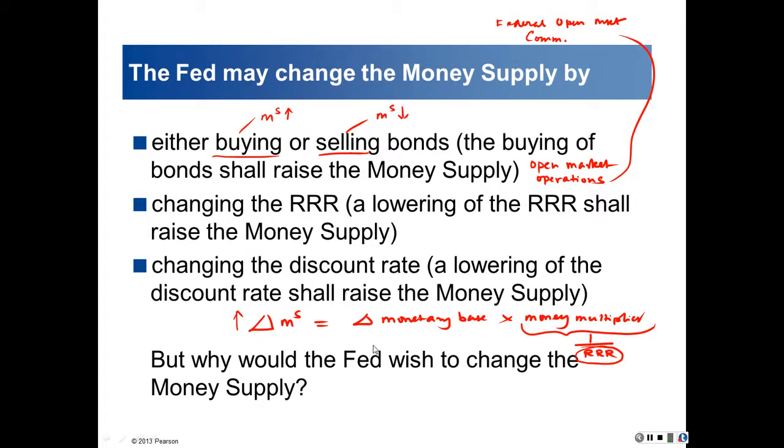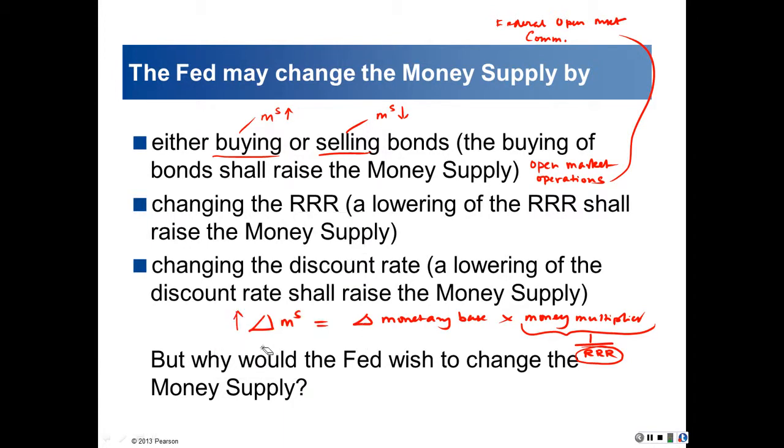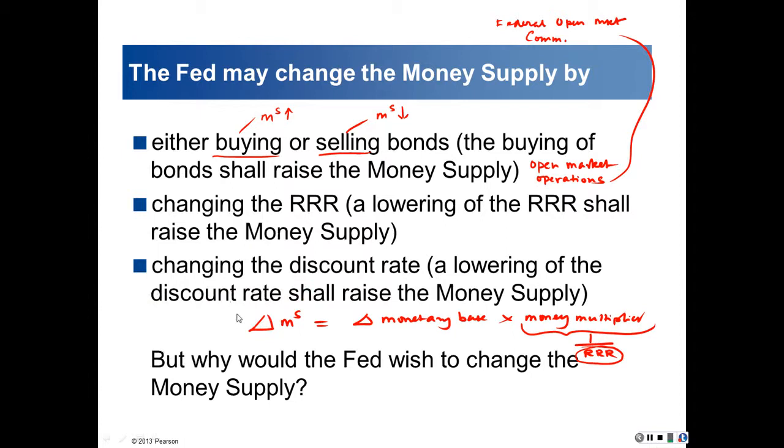In other words, I'd like the money supply to rise. I'd like the change to be a positive change. In other words, what I'd like to do here is make this positive, you see.